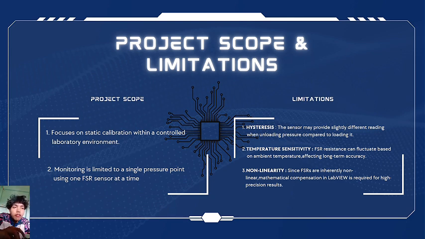Limitation: we have identified three primary challenges. Firstly, hysteresis. The sensor may provide slightly different readings when unloading pressure compared to when it is being loaded. Second, temperature sensitivity. FSR resistance can vary based on the ambient temperature, which affects long-term accuracy.